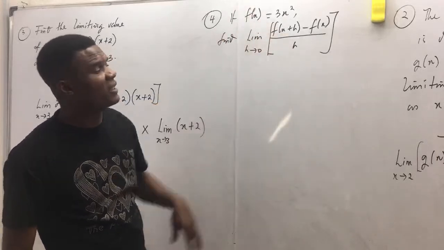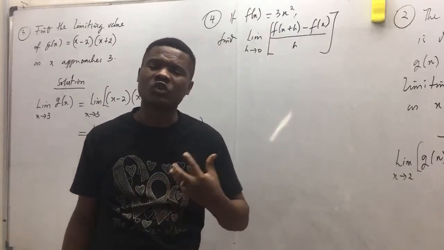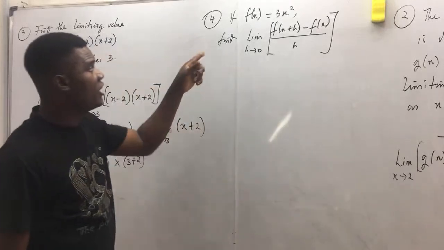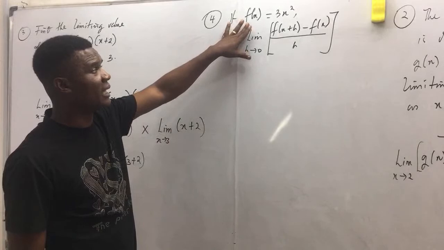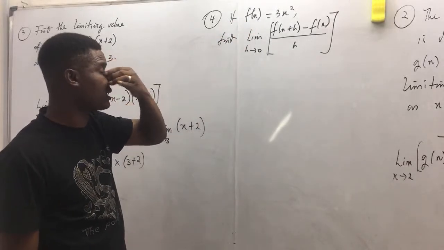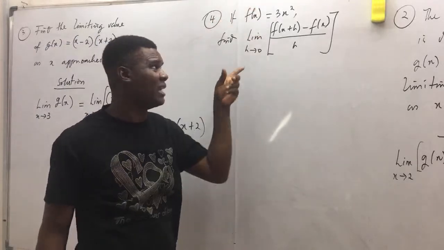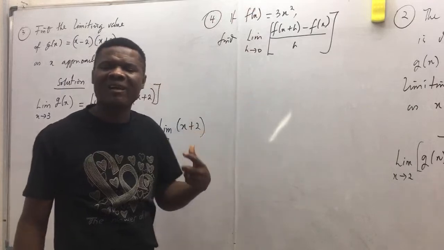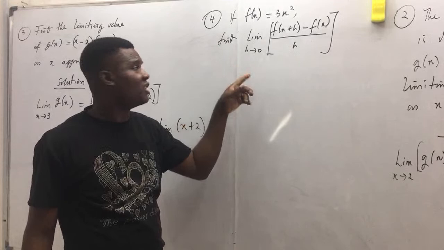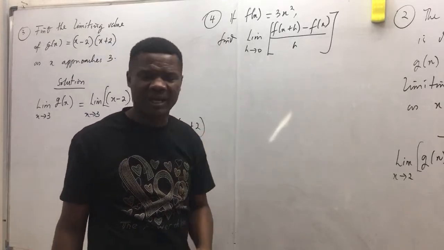The derivative is the limiting value of the gradient function as h, the change in the independent variable, tends to 0, becomes infinitesimally small.